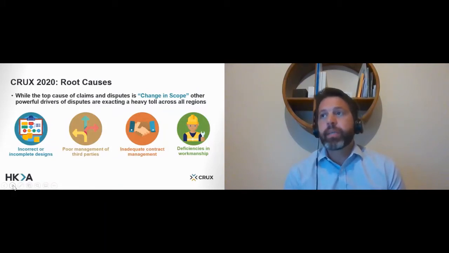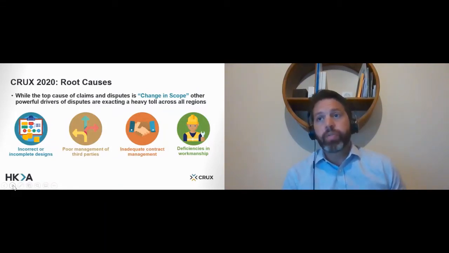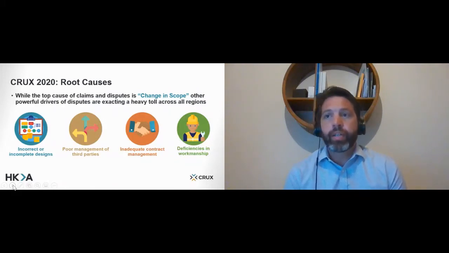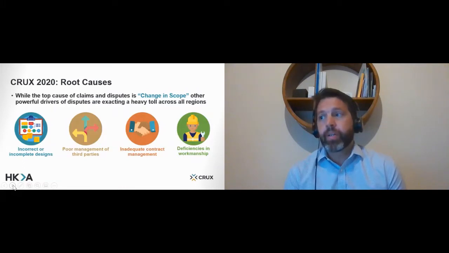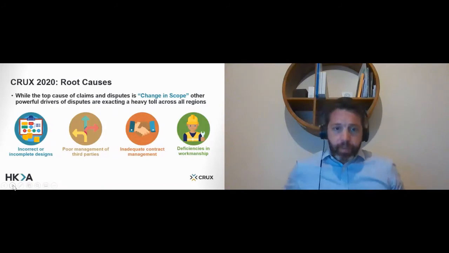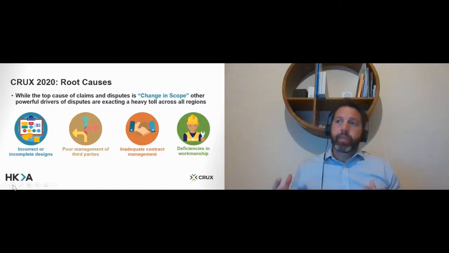But this seems to be the main cause of disputes. But there's some other ones up here as well: incorrect or incomplete designs, poor management of third parties, inadequate contract management, deficiencies in workmanship.